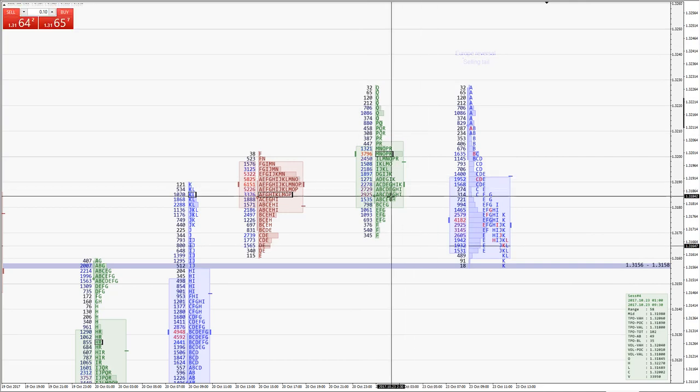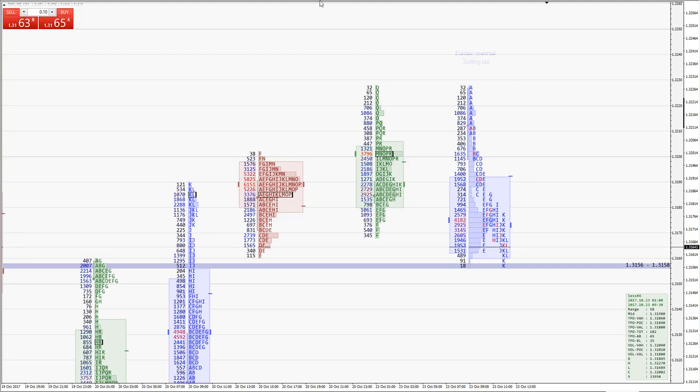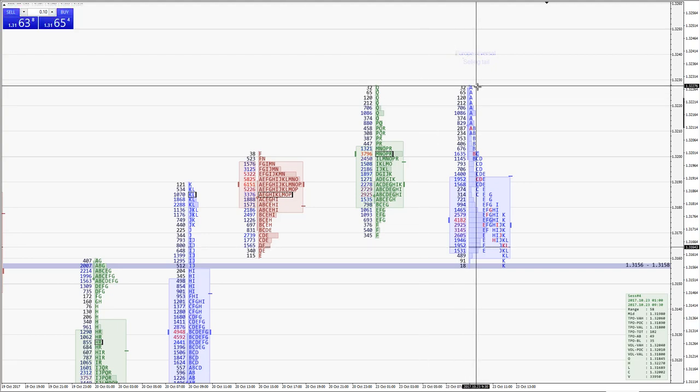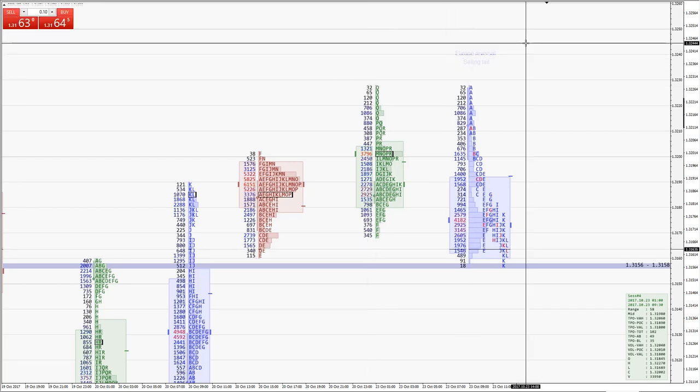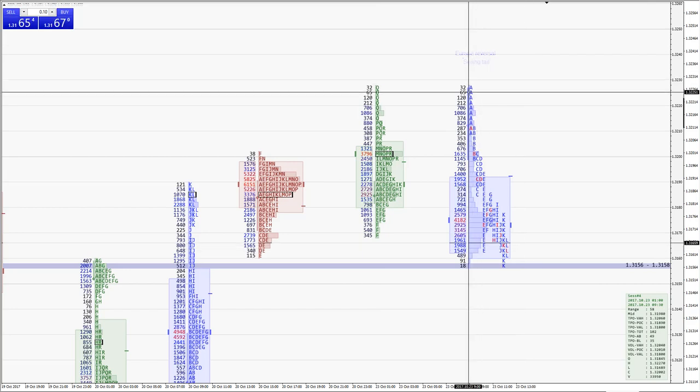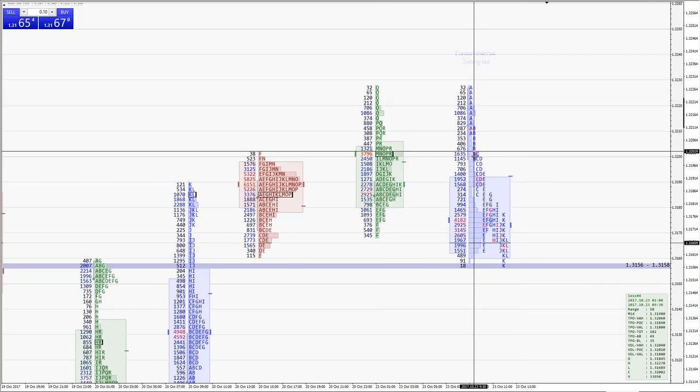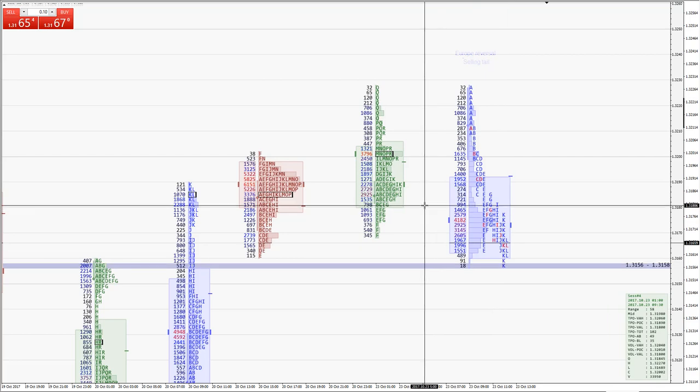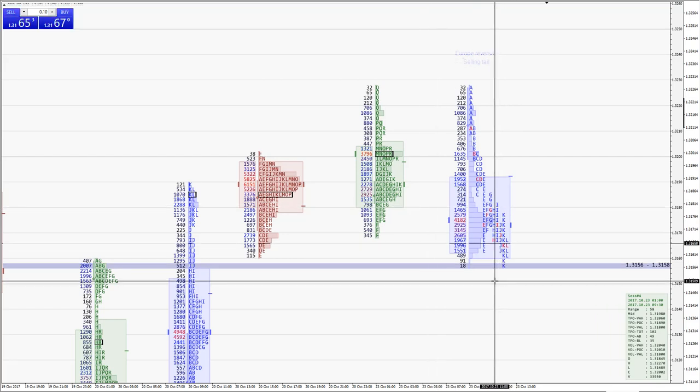What happened here is that the Asia session went higher, and then sellers rejected from this resistance, which was created in the Asia session. This was a classic Europe session reversal. We got a selling tail, and price went pretty directionally into this downward movement from the London session.